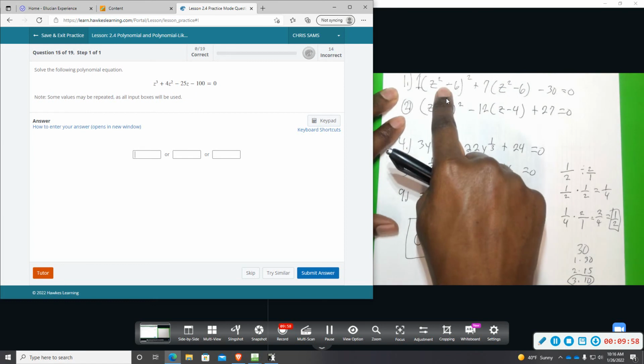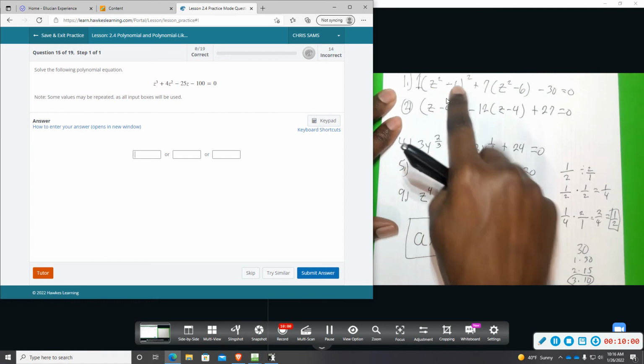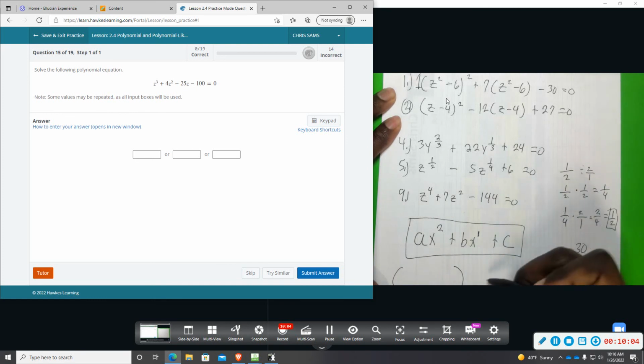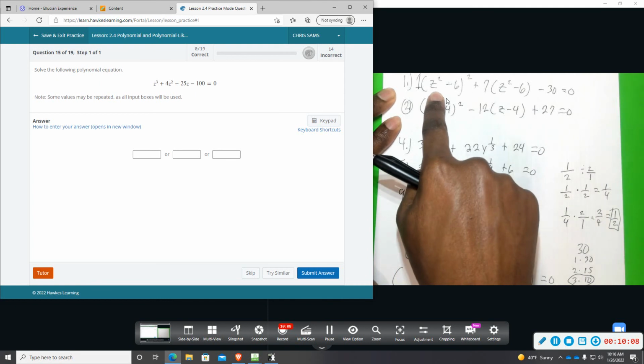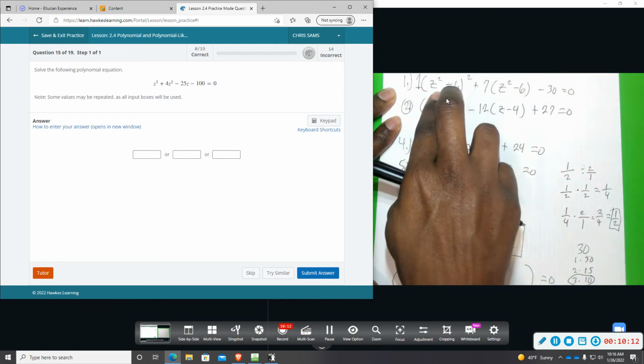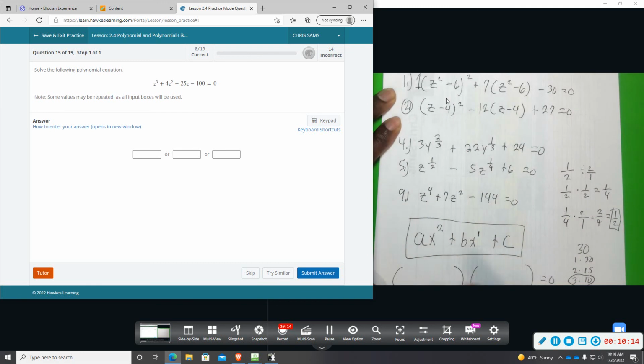So I'm treating this as my x. z squared minus 6 is my x. So I'm going to do two sets of parentheses. This is x squared, or z squared minus 6 squared, same thing. I'm going to put this term in both parentheses. This is like 1x here, 1x here. I'm going to do a z squared minus 6, the same way we would do with an x.